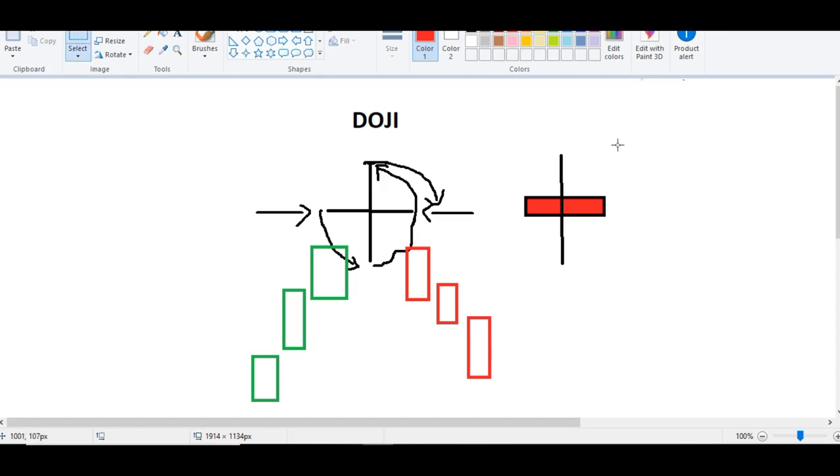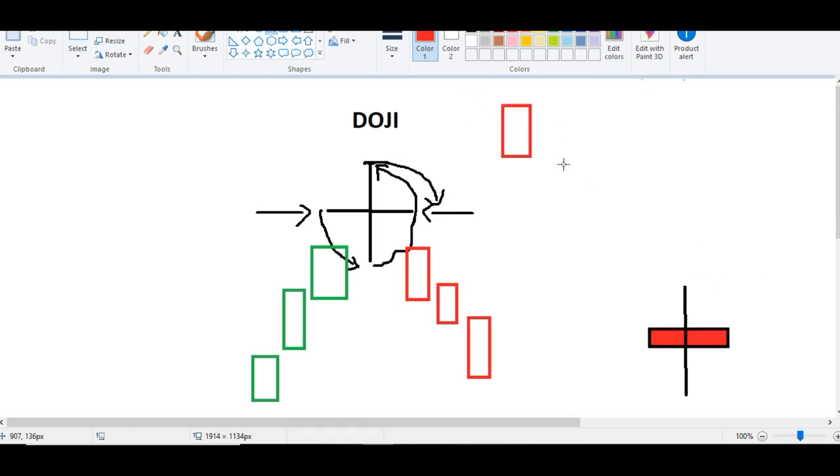And the same thing can happen in a downtrend. Let's say price is going down, going down, going down like this. And all of a sudden, at the bottom of the trend, you see a doji pattern like this. So what is it saying? Alert, it's giving a big alert and saying price may reverse from here. Why is that? Because there's a tug of war going on between the bulls and the bears.